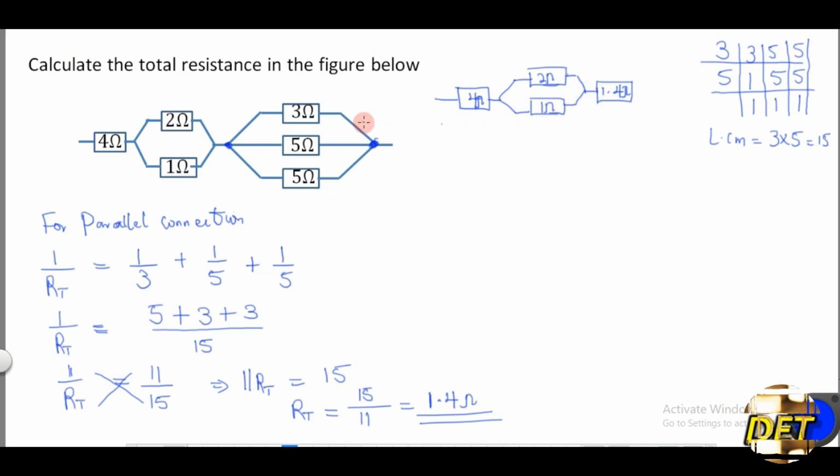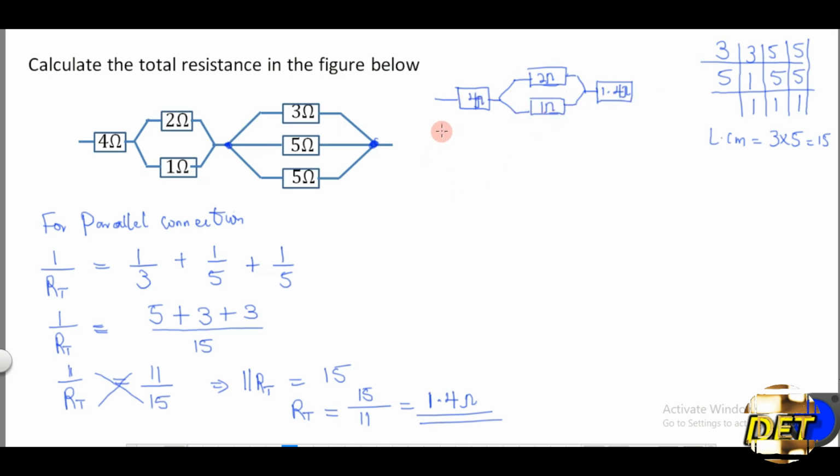So the next thing I would want to do is to resolve these 2 ohm and 1 ohm so that it will be in series with this. So it's to resolve this parallel connection. I've already resolved this and I got 1.4 ohm. So the next thing is to resolve this parallel connection so that it will be in series with the rest, right?